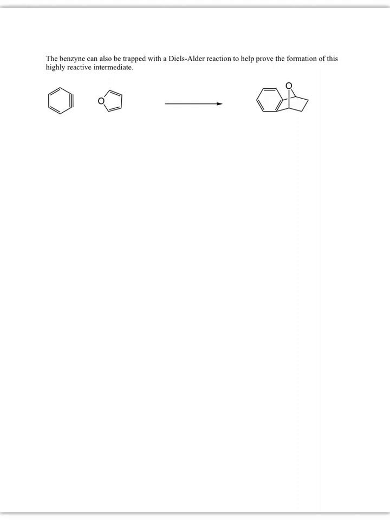The benzyne can also be trapped with a Diels-Alder reaction. As we have shown in the past, a Diels-Alder needs a dienophile and a diene in the cis configuration. So this right here would just give us this.